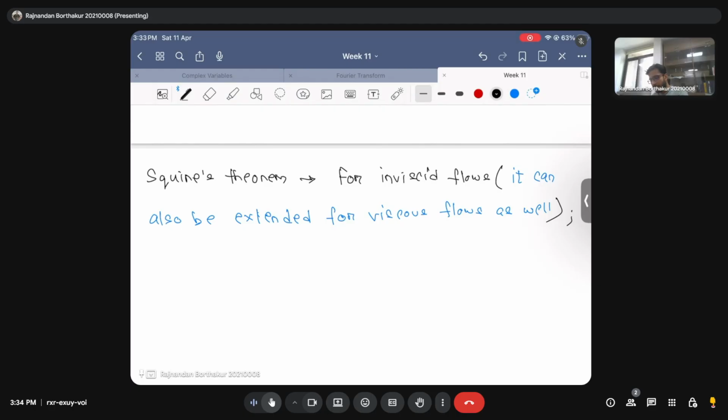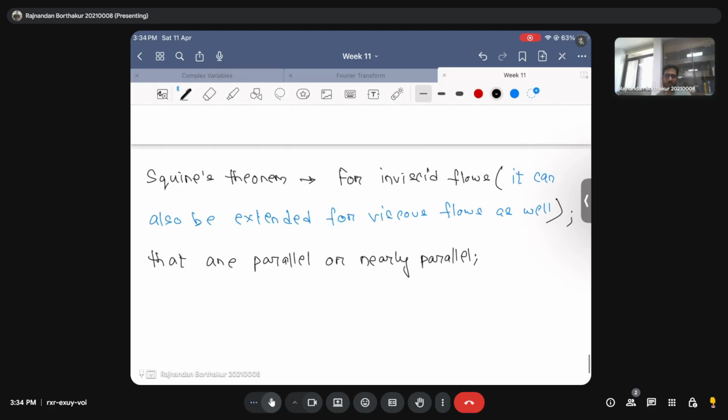So it says that for inviscid flows, or it can be extended for viscous flows as well, but the nature should be that the flows are parallel or nearly parallel. Okay, this condition also needs to be satisfied. The base flow is parallel, or at max it should be nearly parallel in nature.